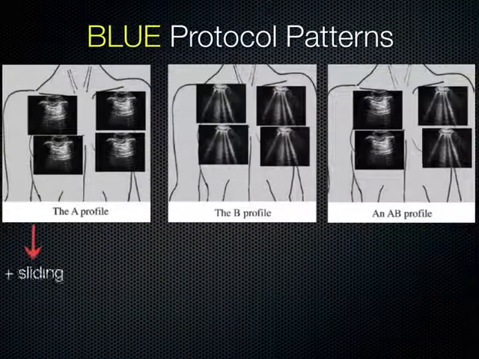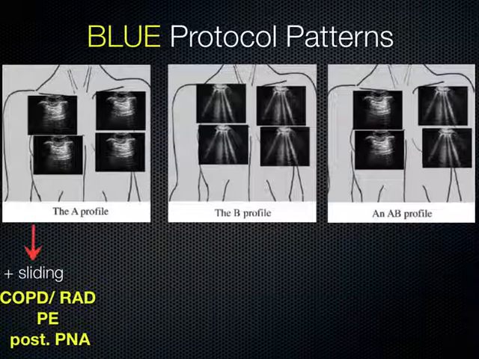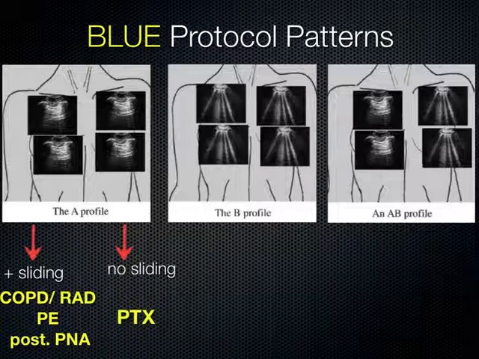Here's some examples. If you have a predominant A profile with A lines on both sides and sliding, then this turned out to be COPD, reactive airway disease, PE, or a pneumonia in the posterior fields. Without sliding, pneumothorax was often the diagnosis.